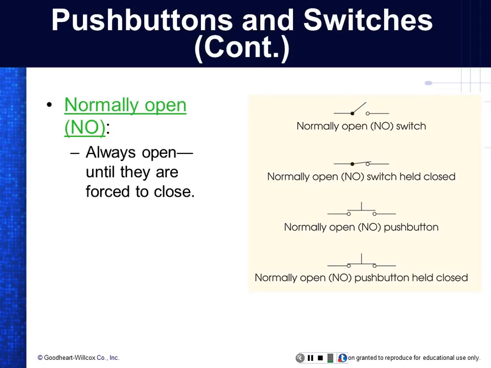These are the symbols for normally open. NO means normally open. The top one is a normally open. The second one is a normally open held closed, which means that it's normally open, but I'm holding it, pushing it down, keeping it closed for some reason. This might be a limit switch or something where you've got a load on it that's keeping it in that position.